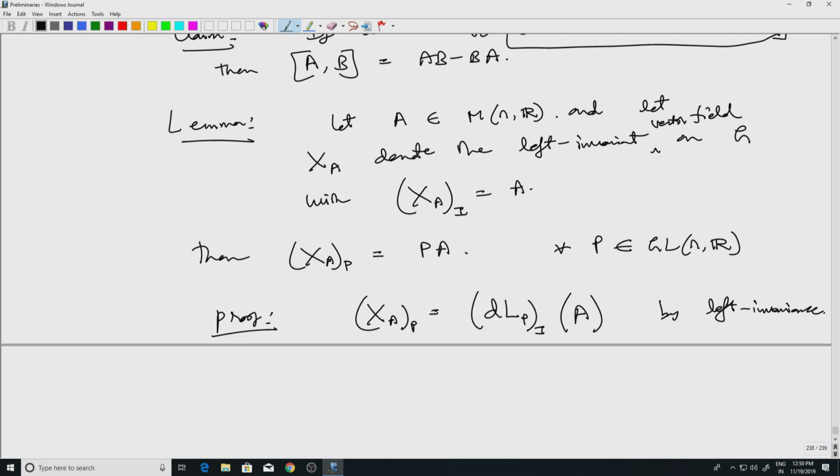Now let's look at this map DL. We want to understand the derivative of the left translation map.